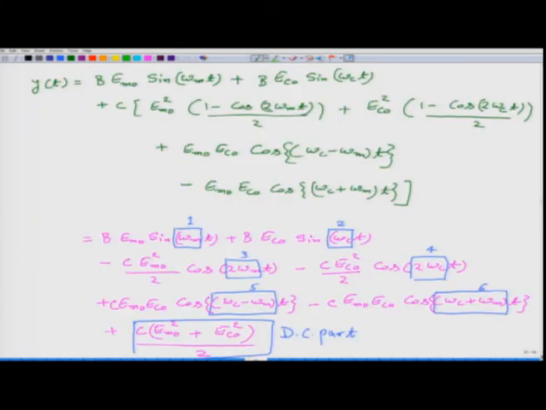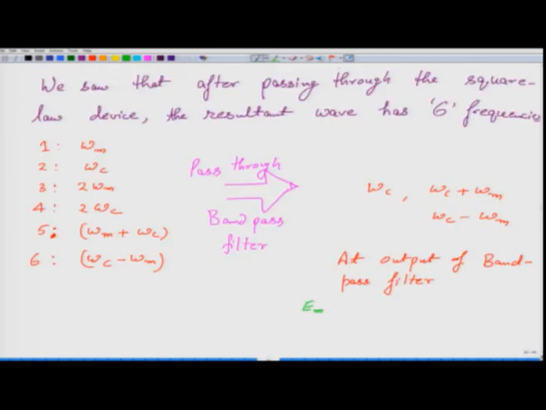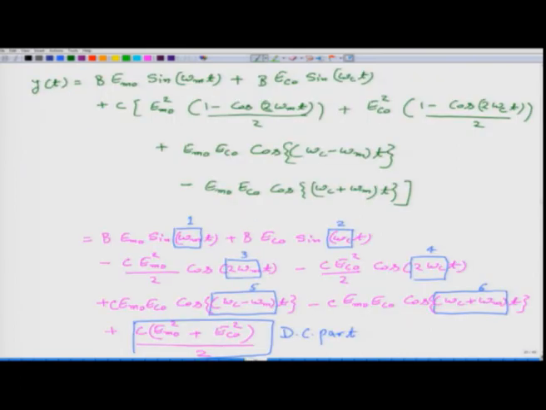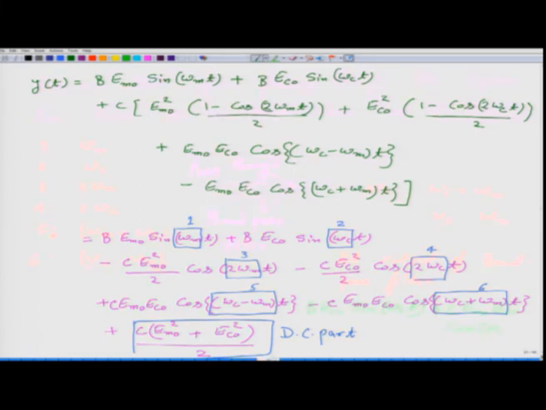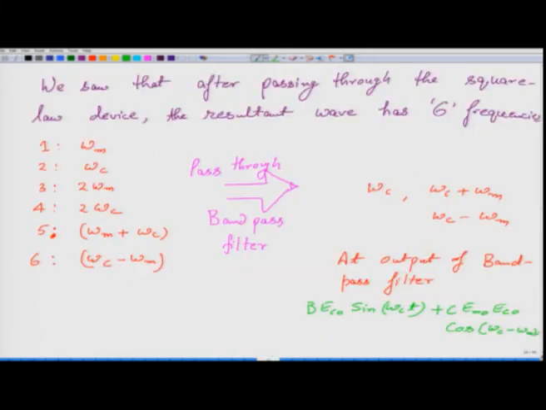So, this will be B Ec naught. So, at the output we will have B Ec naught sine of omega c t plus we will have C Em naught Ec naught into cos of omega c minus omega m into t.